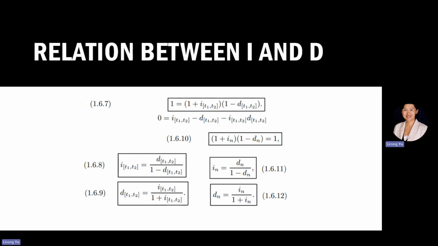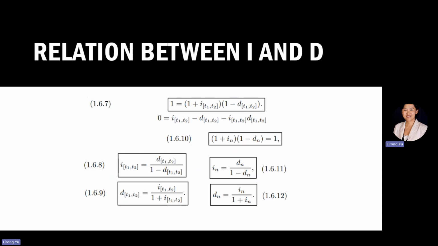All right, this is really a key equation that allows you to convert equivalently between d and i. And then you expand the right side: 1 times 1, i times 1, 1 times d, i times d, and you end up with the same equation. The 1 can be canceled, and we get this equation from either one of these equations.